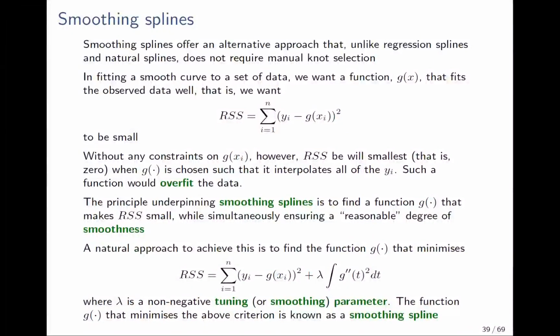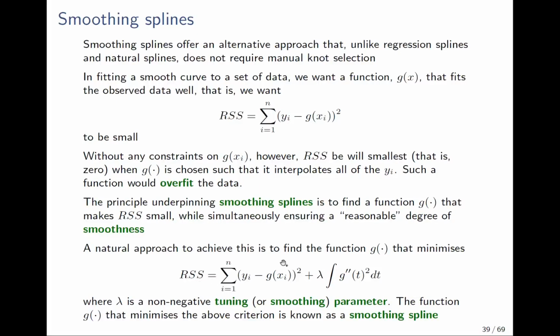So the principle underpinning smoothing splines is to find a function g that makes the residual sum of squares small, while simultaneously ensuring that we've got a reasonable degree of smoothness, so it's not too wiggly. We're going to penalise wiggliness. A natural approach to achieve this is to minimise this form of residual sum of squares.